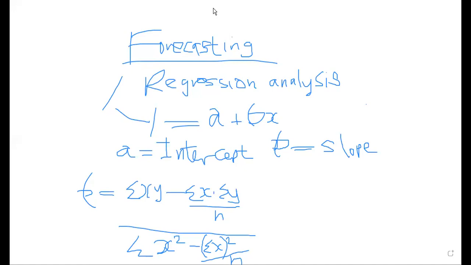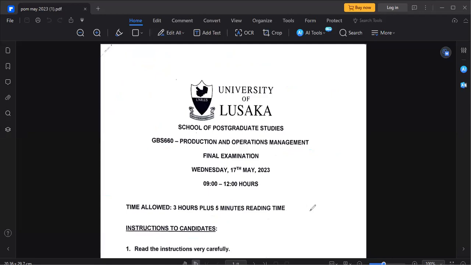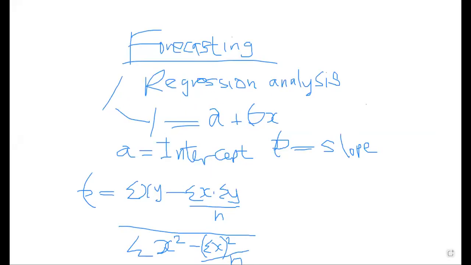Okay, in this line of regression, y is equal to alpha plus bx, what we are simply saying is that our x is the independent variable.